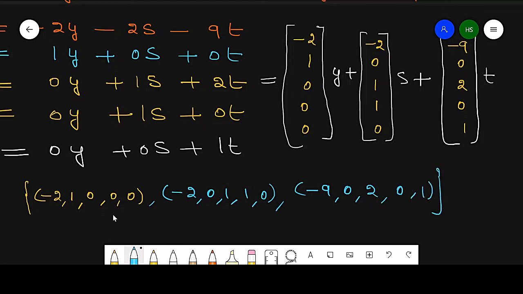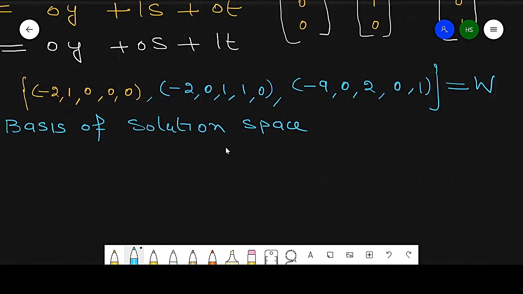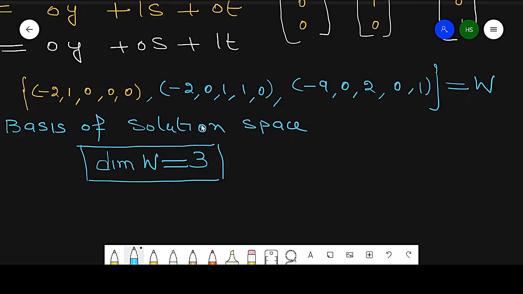These three vectors are the basis of the solution space, which I write as W. And what is the dimension? The number of vectors. So the dimension of the solution space is equal to 3.